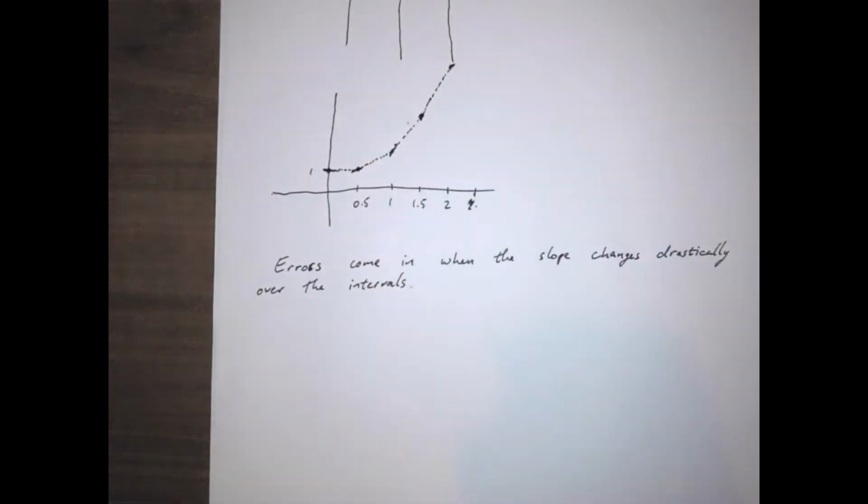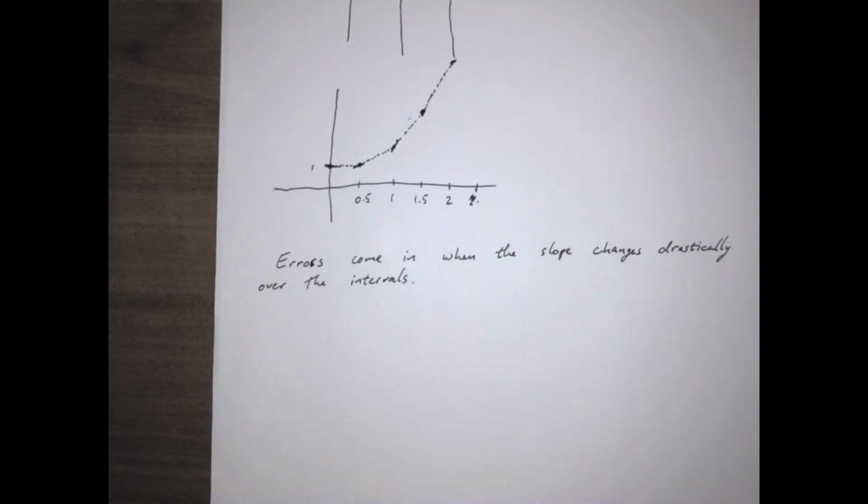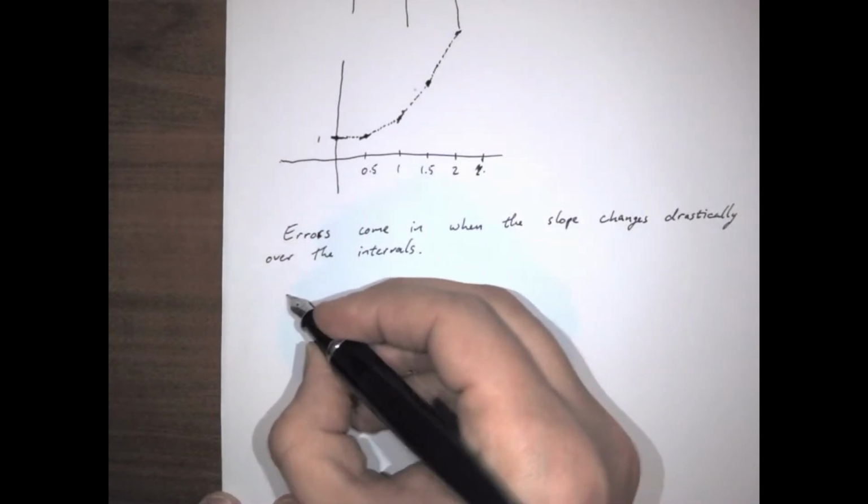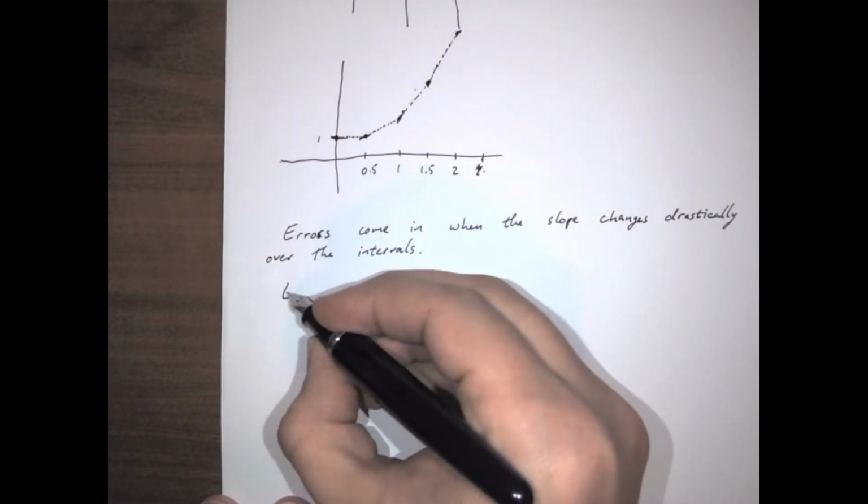Now, this is actually a worse thing even than it sounds, because what's going to happen is you are relying on an erroneous value to generate your next erroneous value, which in turn will lead to another erroneous value, and the errors will accumulate in any of the methods that we're about to discuss.